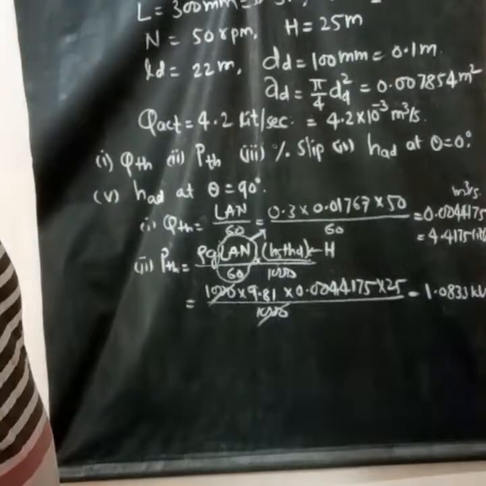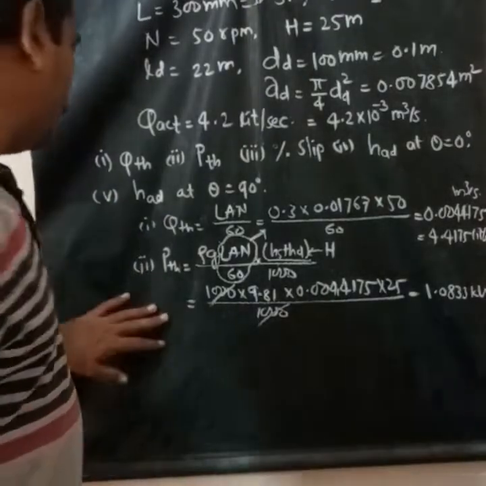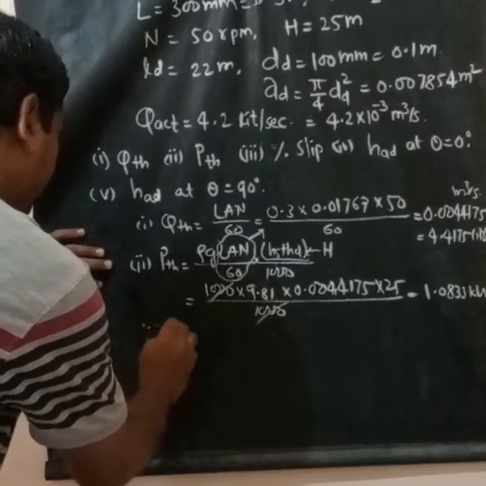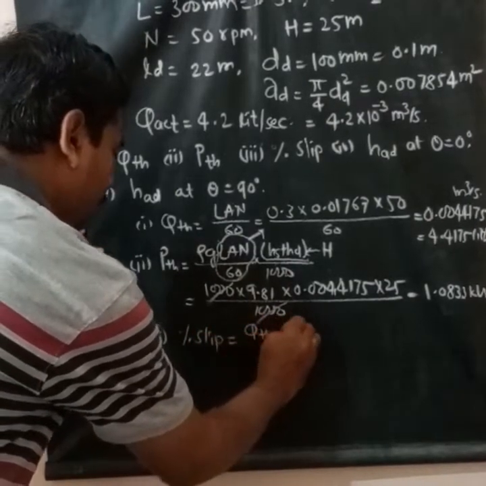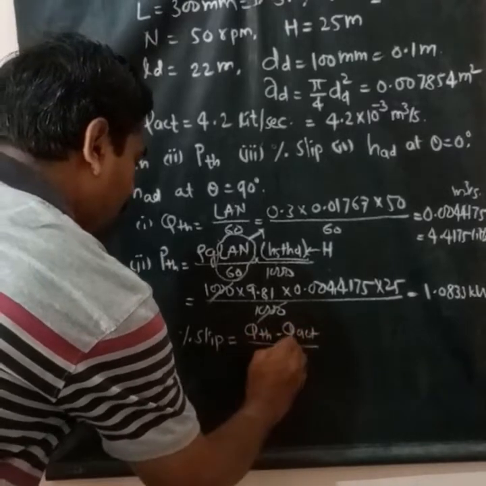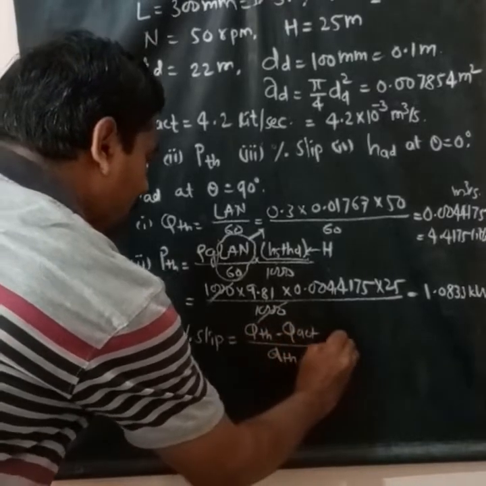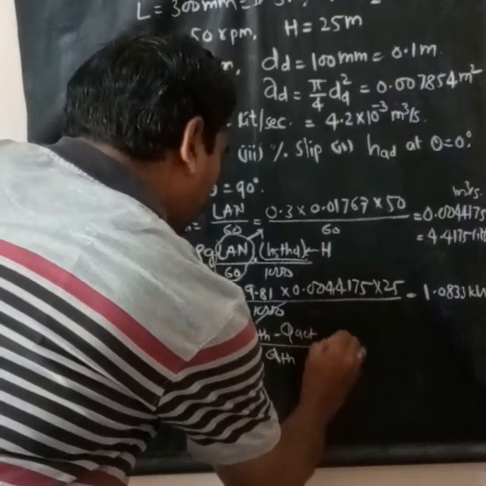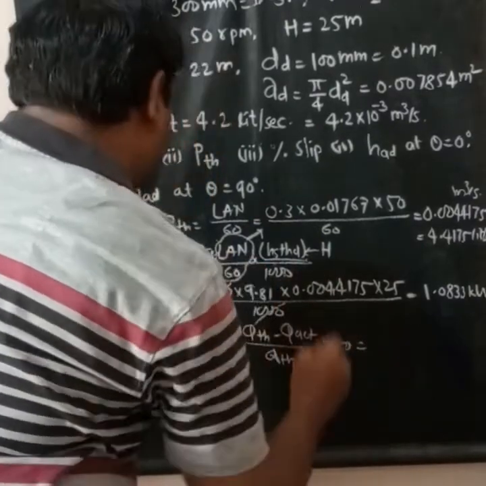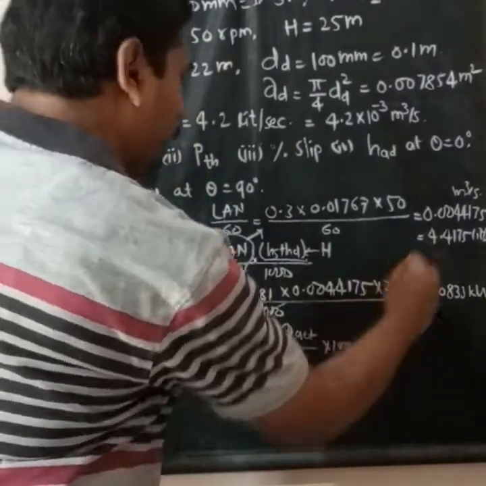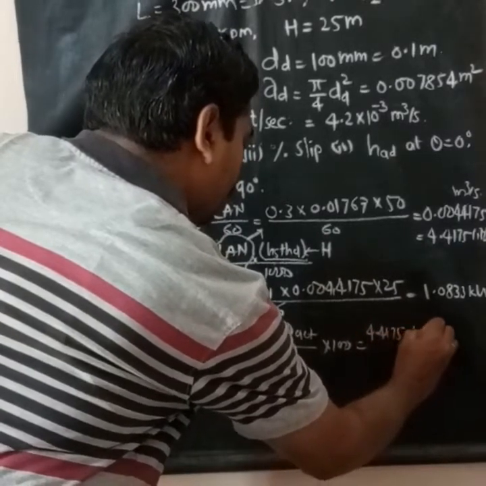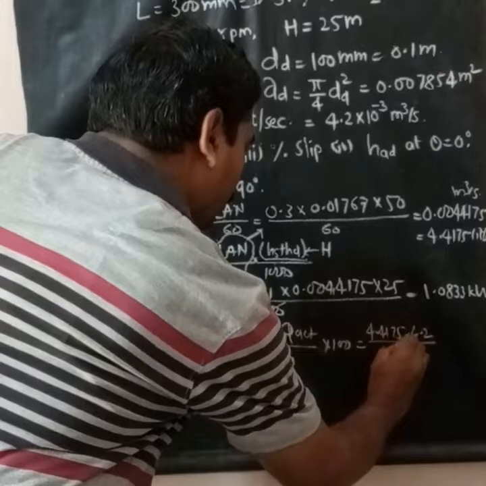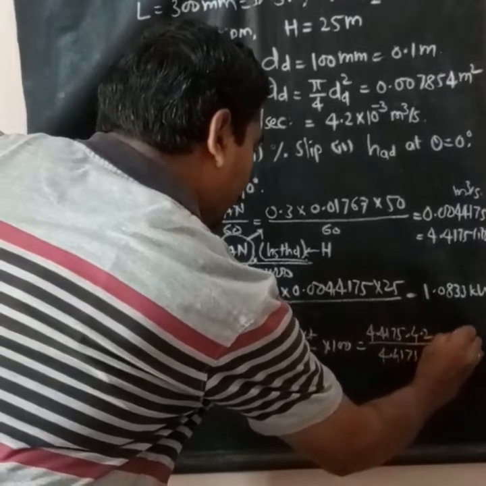Now the percentage of slip is simply Q theoretical minus Q actual upon Q theoretical, multiplied by 100. QTH is 4.4175, so 4.4175 minus 4.2, divided by 4.4175, multiplied by 100.